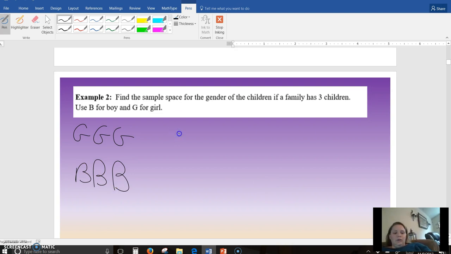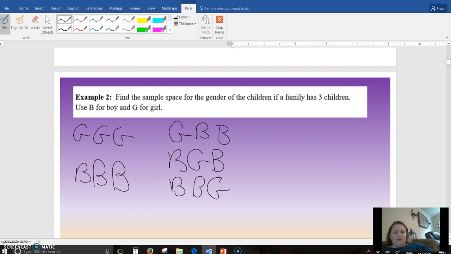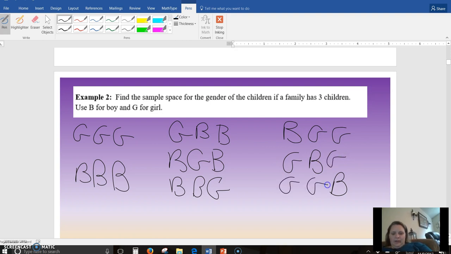Okay, you could have one girl, and then the boys could be after that girl. The girl could be sandwiched in the boys, but the boys could come first. Or you could have one boy instead of 2 boys, and you could have the boy at the beginning, you can have the boy sandwiched, or you can have the boy at the end.